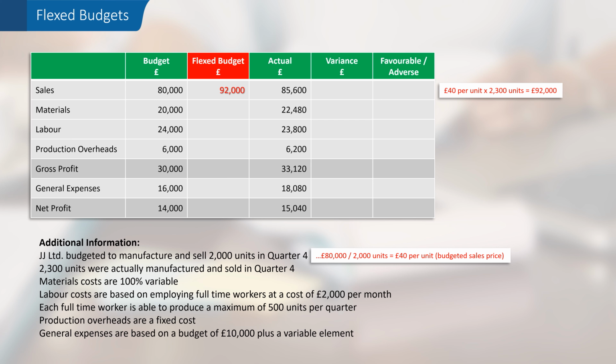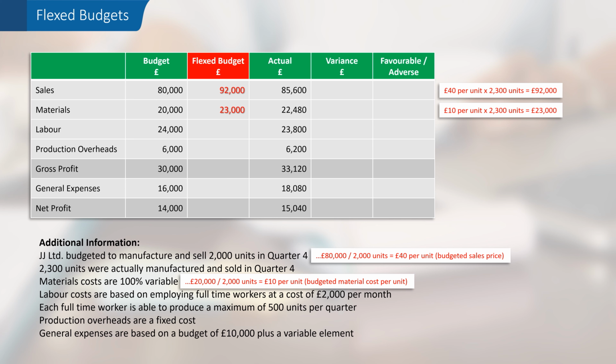Next is materials, and we're told that materials are 100% variable. So the original budget of £20,000 for 2,000 units means that we forecast materials to be £10 per unit. So the cost of materials for 2,300 units at £10 per unit would be £23,000.